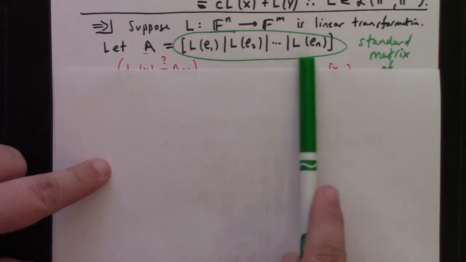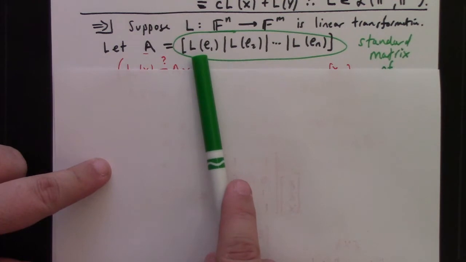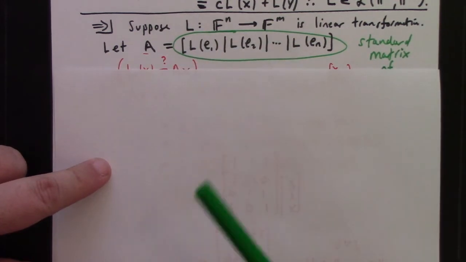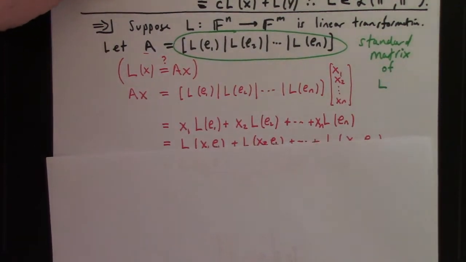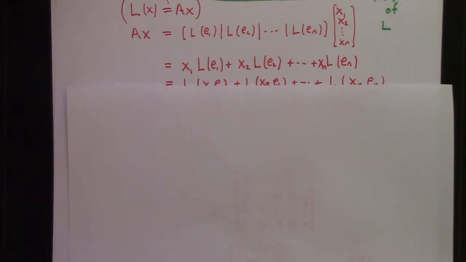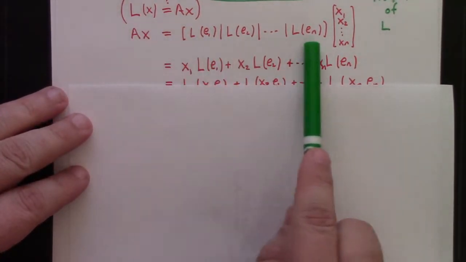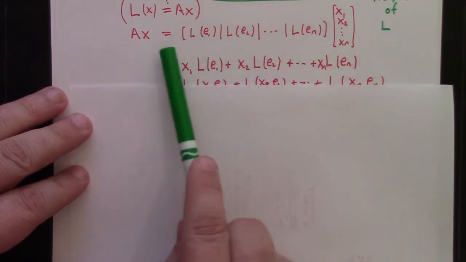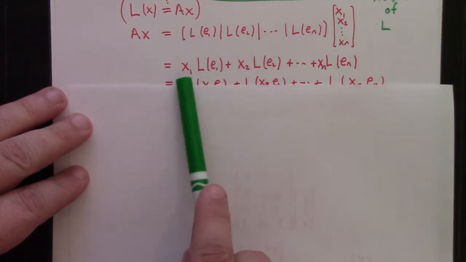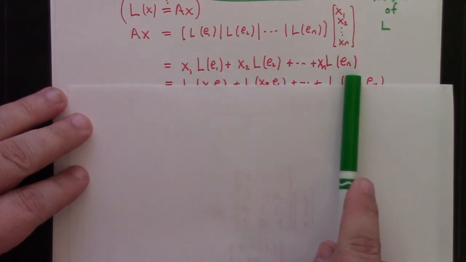And I can show pretty easily that Ax is equal to L of x if we construct A like so. Here's the proof. A times x, by definition, is that matrix times that column. But this matrix times that column is, of course, a linear combination of the columns.